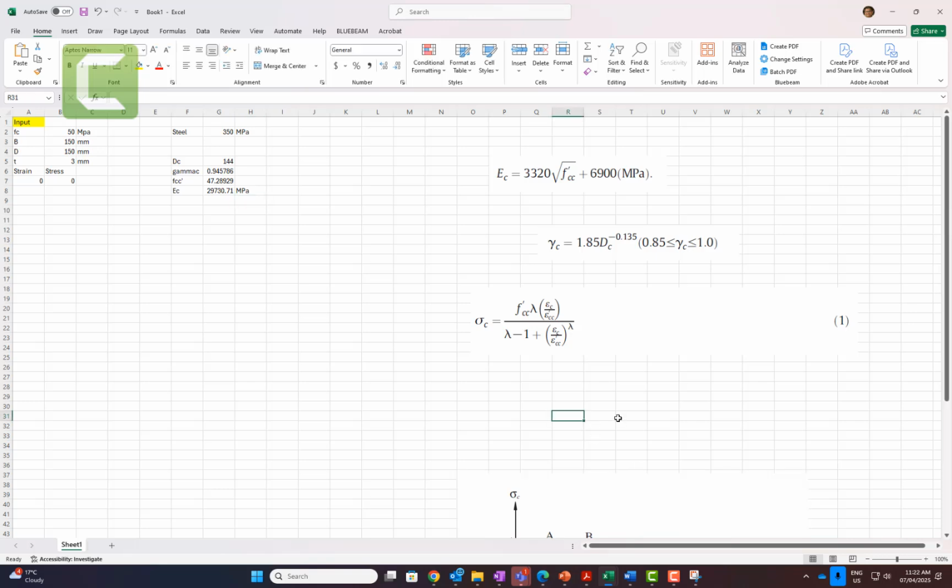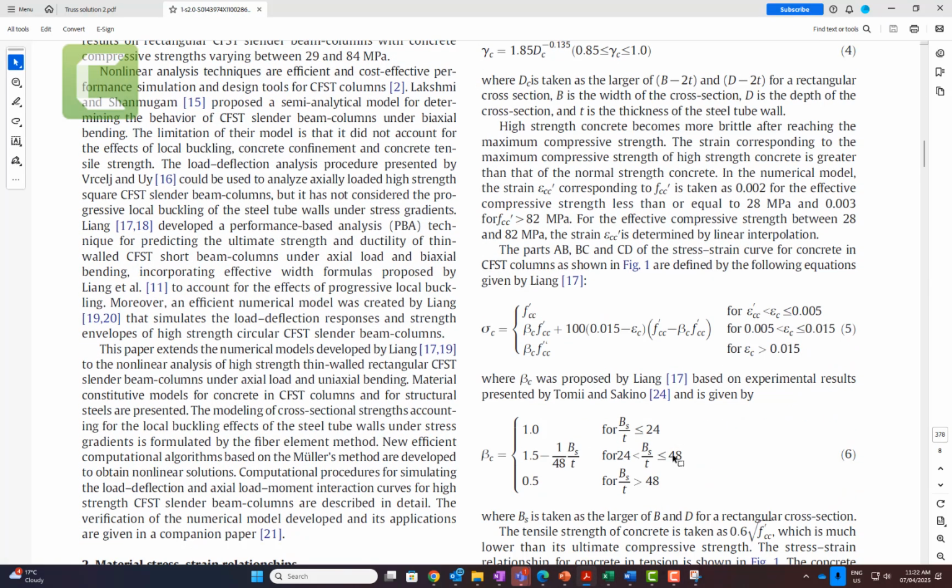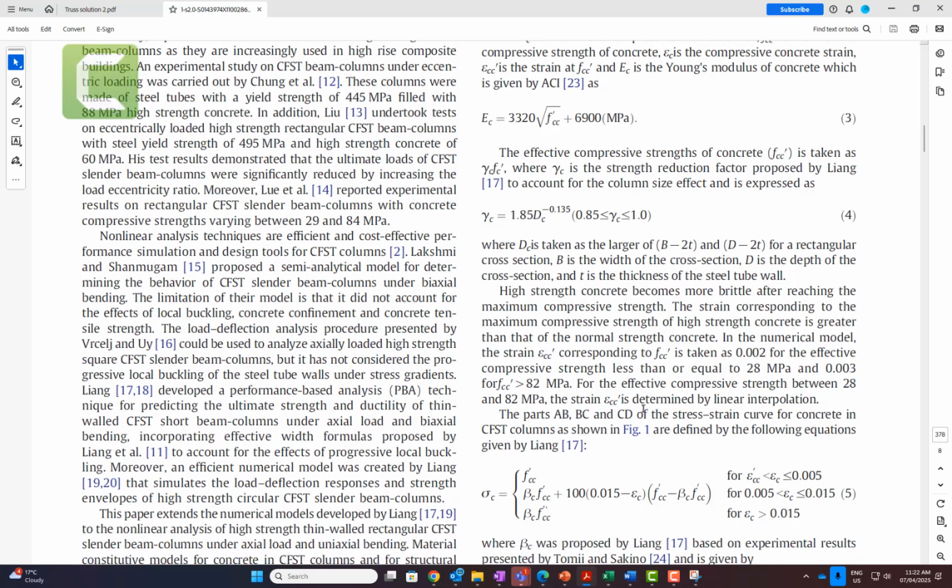Now here you get gamma, and this lambda that we're going to get is EC over ECC dash. Before we do this, we need to calculate ECC dash, which is going to be, here it is.